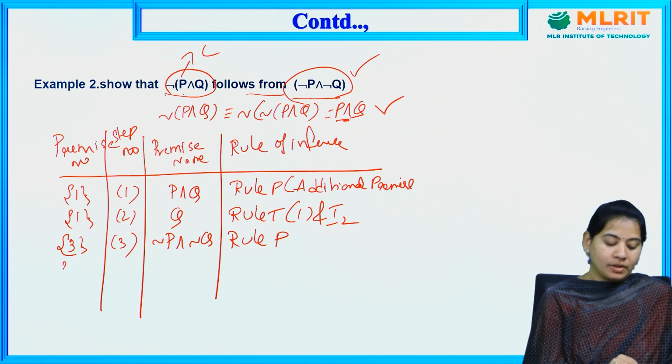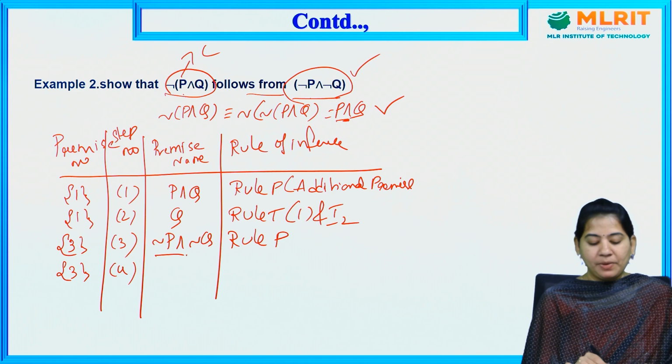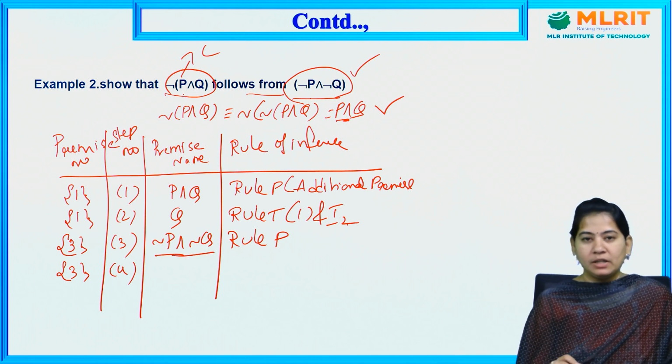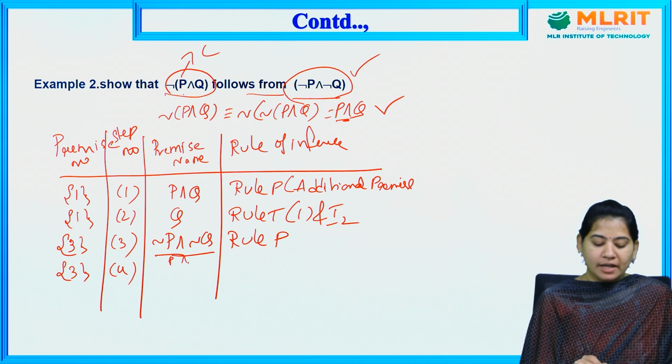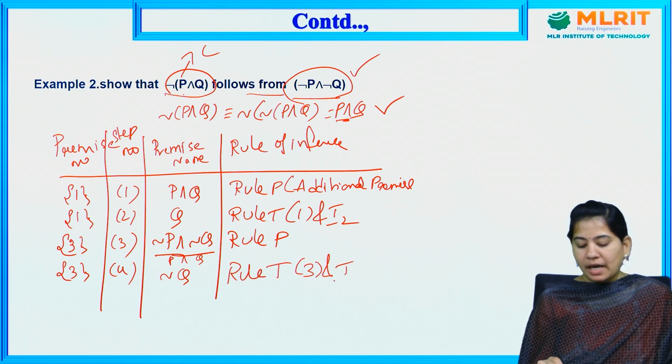Now premise number the same thing, 3, step number is 4. Now negation P and negation Q. For example, if P and Q is there, Q by applying the I2 formula. So the same thing, I have just taken this as negation Q, which is called rule T, step number 3, and I have applied the I3 formula.